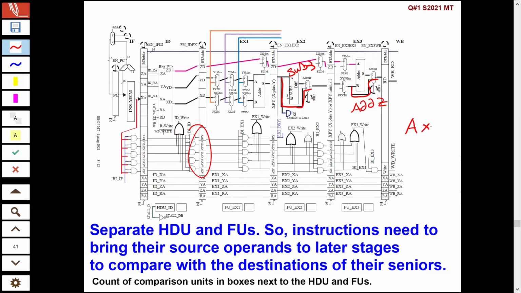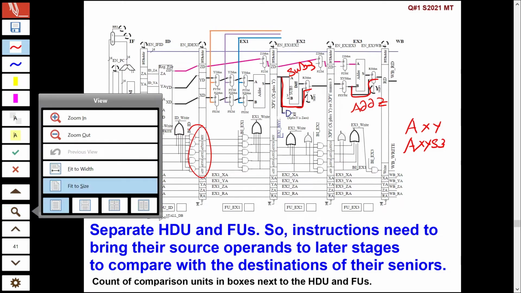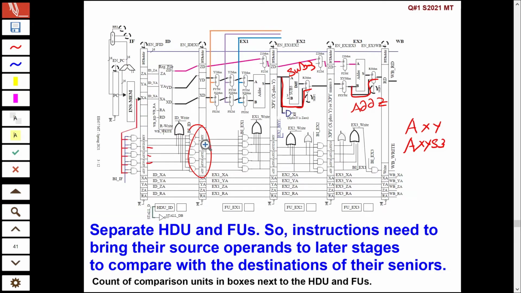Add just xy and forget about the rest, or add xy and subtract 3, or add, can I read? Yeah, xy, xy subtract 3, xyz, and sorry, I need to zoom in.